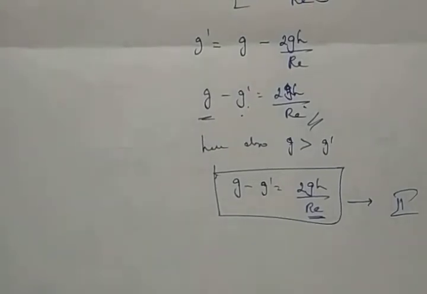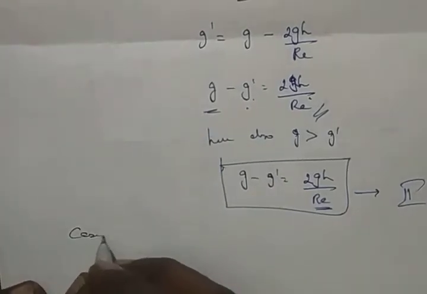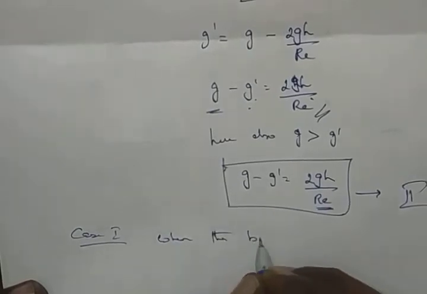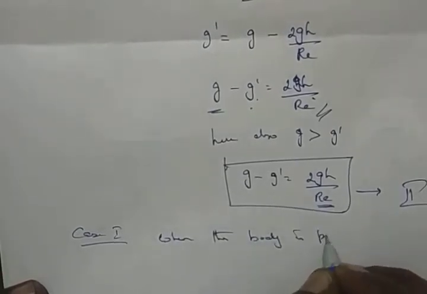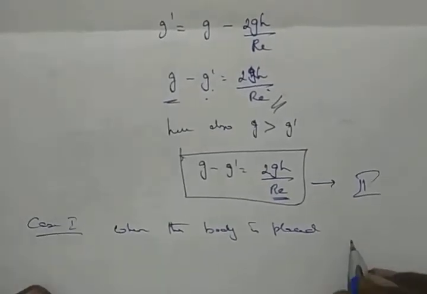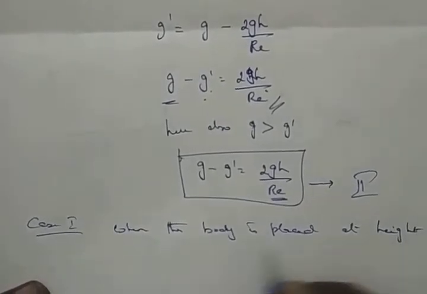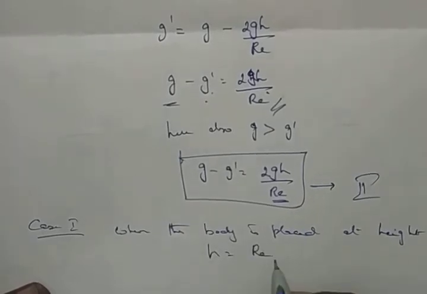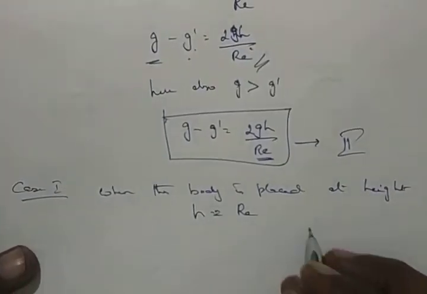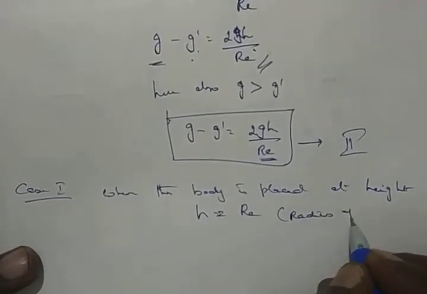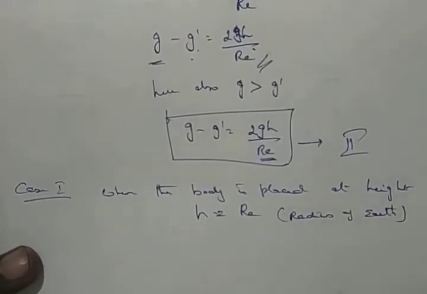There's one more case. Case 1: when the body is placed at height h equal to the radius of Earth. Height is going to be equal to the radius of Earth itself.